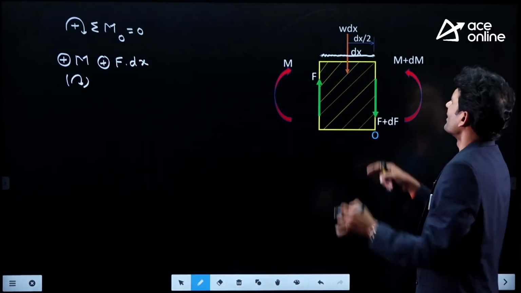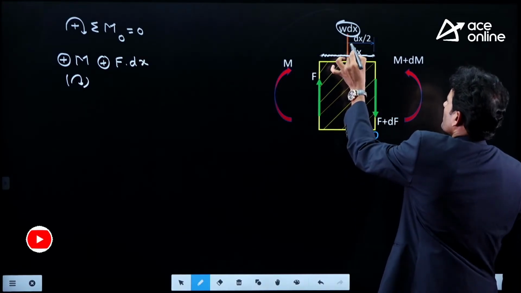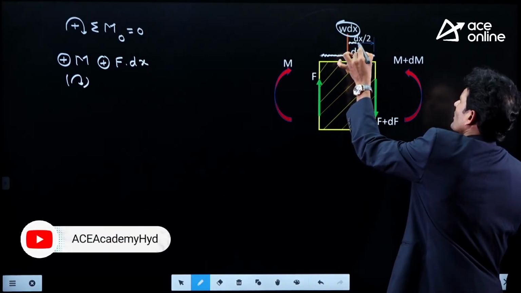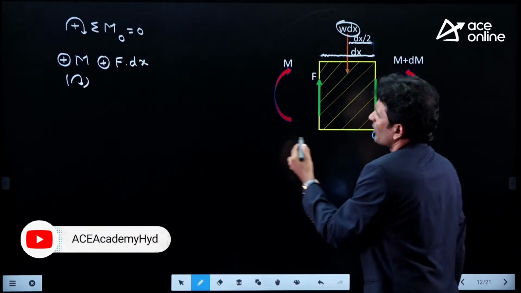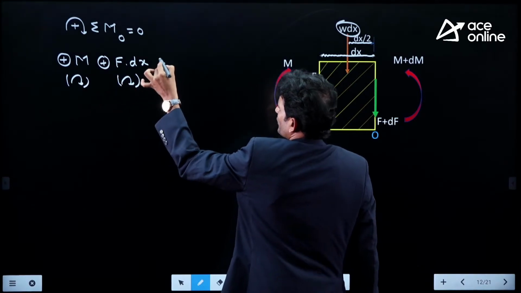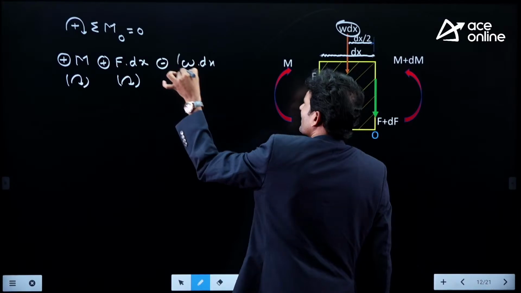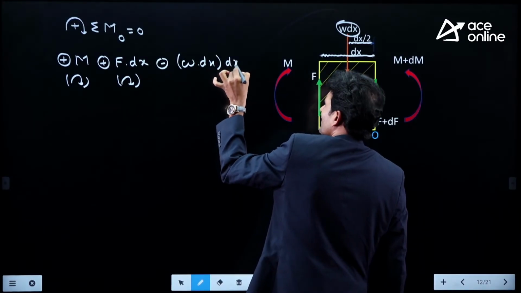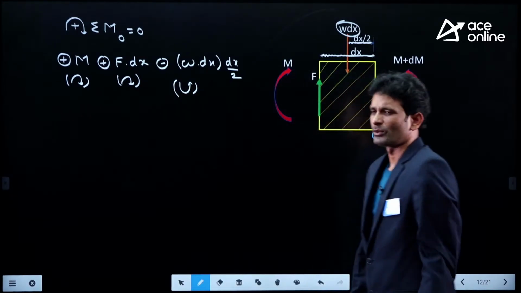As I move on, here we are observing one downward force, and the distance between point O and this downward force is dx divided by 2. Now, being that it is giving anti-clockwise rotation, use a minus sign. Now the load is omega dx, and the distance of this load is dx divided by 2. Why is it minus? It is giving anti-clockwise rotation.